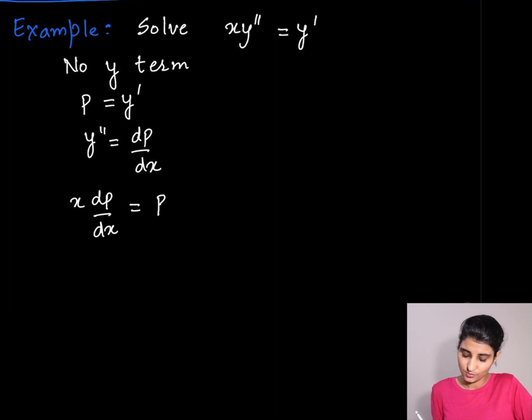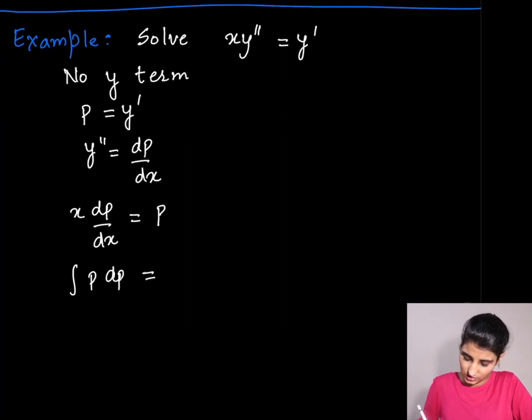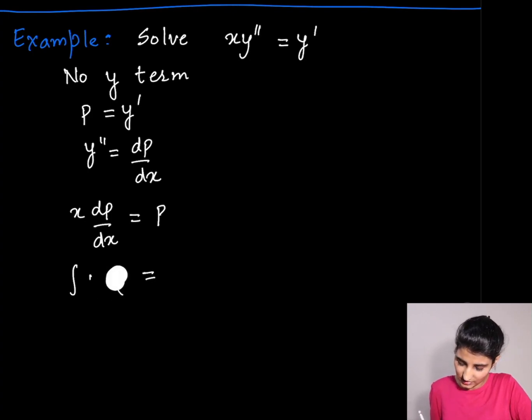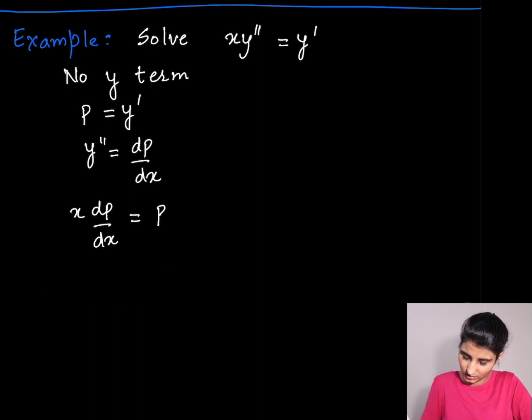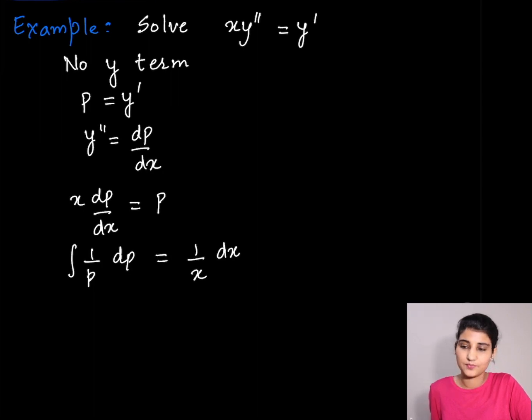This looks pretty simple. If you observe, this is basically a separable equation. So x times dp equals p, and we divide by p and by x on both sides. So we will get 1 over p dp is equal to 1 over x dx.